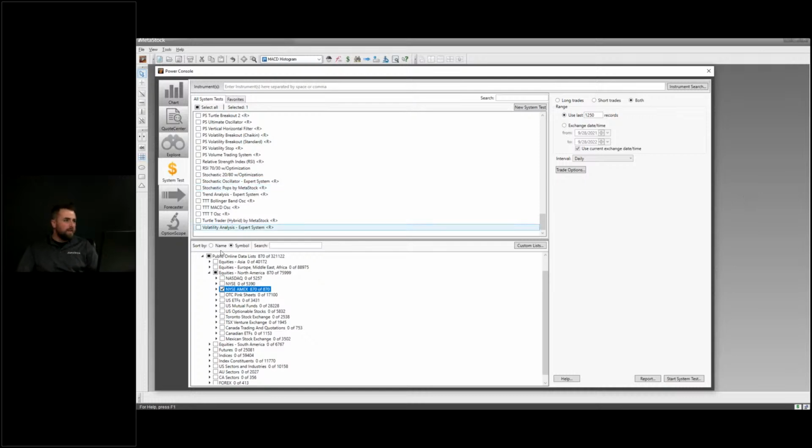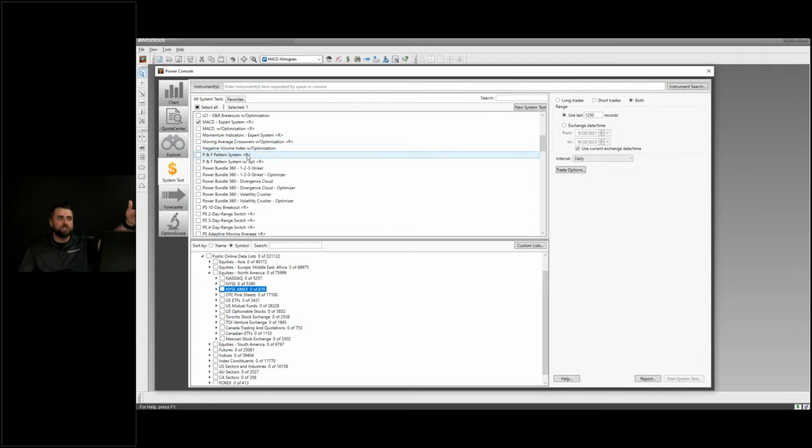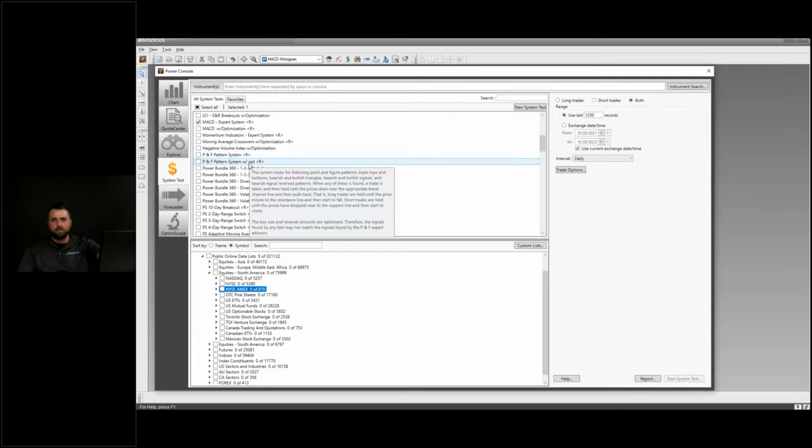So that's a method that I really like to utilize as well. And then the reverse is something that I mentioned earlier too. Not only can you use it to help you find the best securities to trade with a certain trading system, but we can switch that. Maybe you have the list of securities that you know you want to trade, which is like, say, the Amex. We could do this in reverse, and you want to test all the system tests to see which system tests perform the best on those Amex.